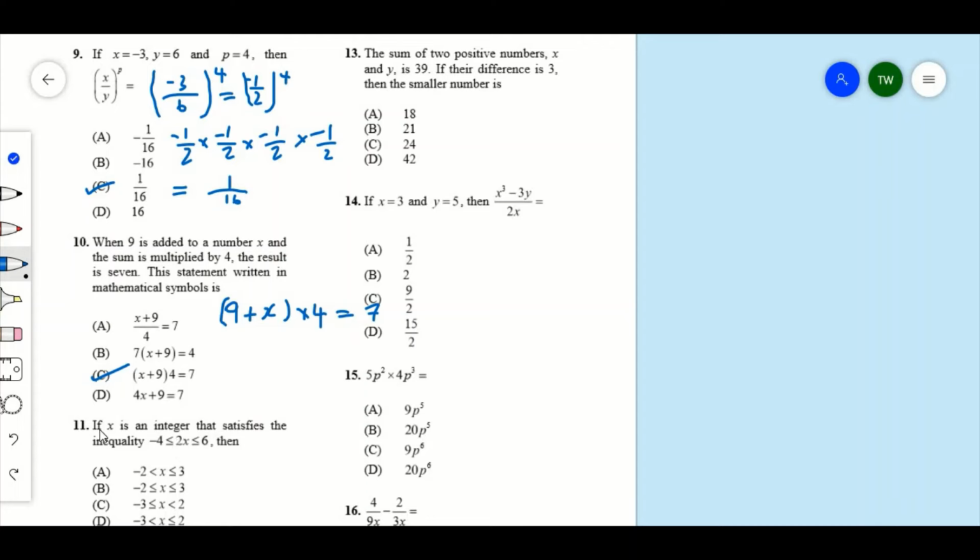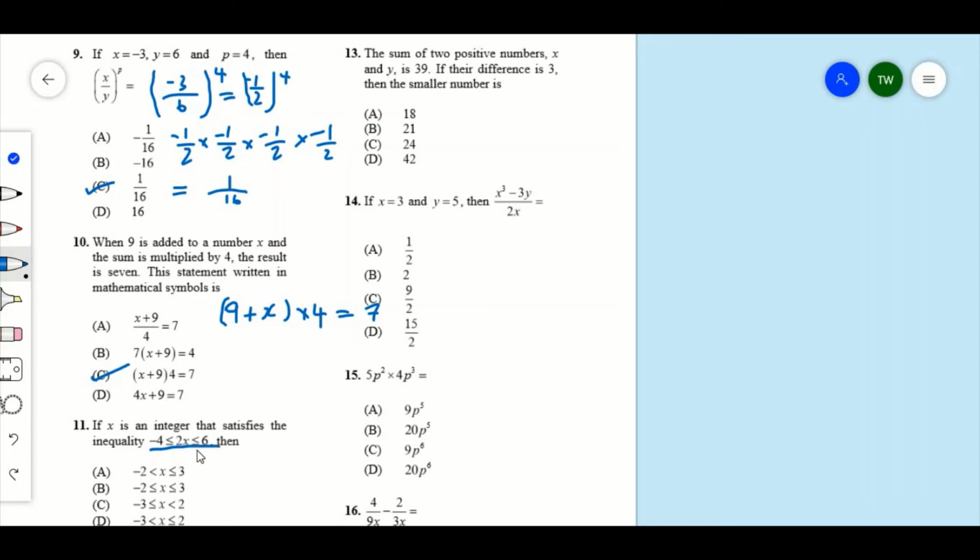Now, item 11. If x is an integer that satisfies the inequality 2x is greater than or equal to negative 4, but 2x is less than or equal to 6, then x is, note here that negative 4, 2, and 6 can all be divided by 2.